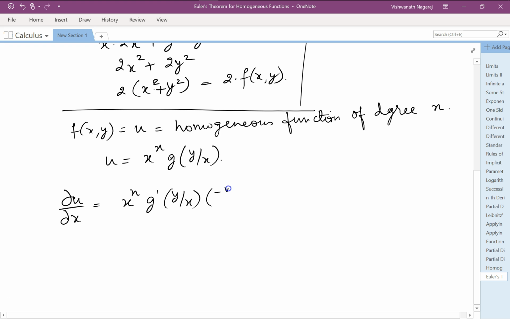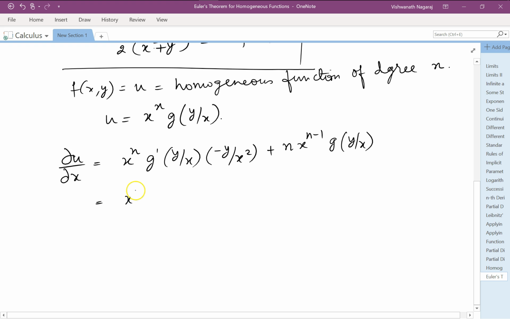So y by x becomes minus y by x square, plus now g of y by x remains as it is, and we have to differentiate x to the power of n. So n x to the power of n minus 1, g of y by x. Okay, this is equal to x to the power of n by x square, which is x to the power of n minus 2, times minus y g prime of y by x, plus n x to the power of n minus 1 g of y by x.